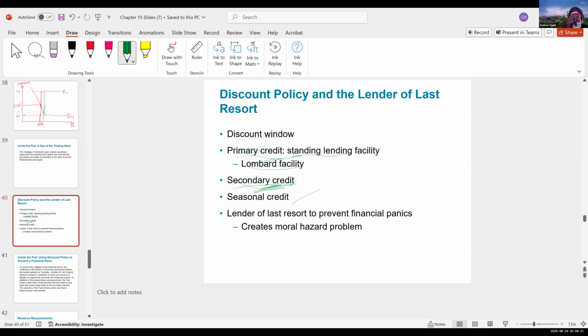So the Fed could give loans to banks that are willing to engage in specialized lending in specific industries, like construction, like mining, like skiing, because these are seasonal activities. So the Federal Reserve is a lender of the last resort at the end of the day.